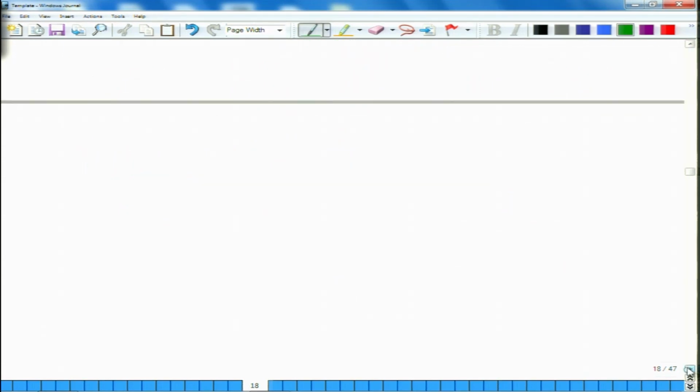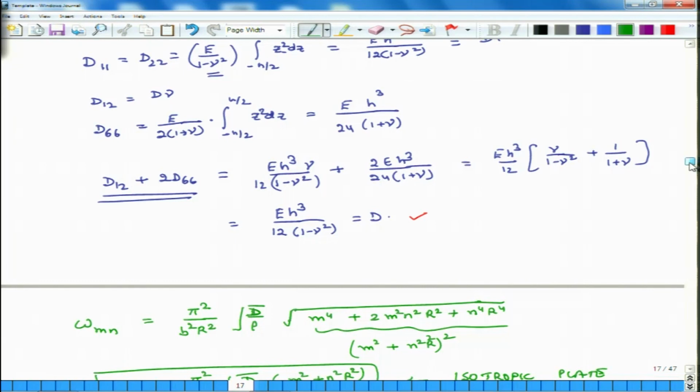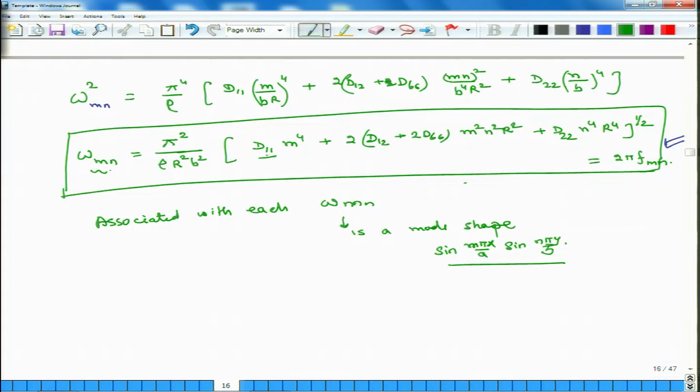So, before we construct a table, we will simplify these relations. So, omega mn for composite with these simplifications. So, if I put these ratios back in this expression, d11 I say as d11, this thing it becomes d22, and this is also d22, and this is 10 times d11 d22.